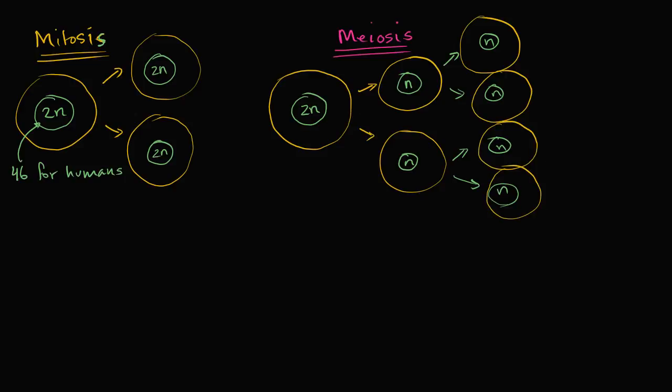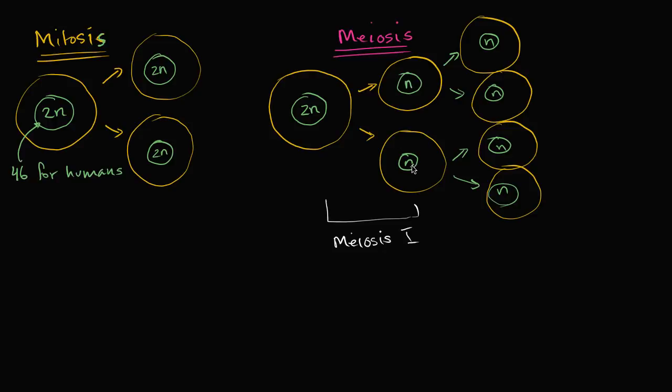Because as we go through this first phase of meiosis, where you go from diploid to haploid, right over here, this is called meiosis 1. In meiosis 1, you're essentially splitting the homologous pairs, and so this one might get some of the ones that you originally got from your father, and some of the ones that you originally got from your mother.